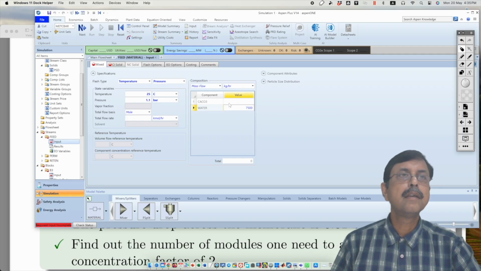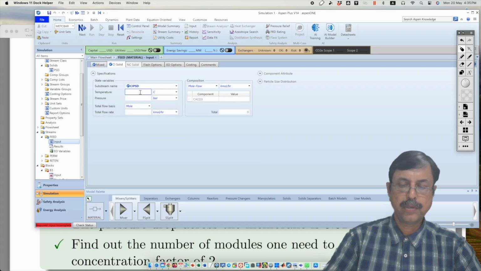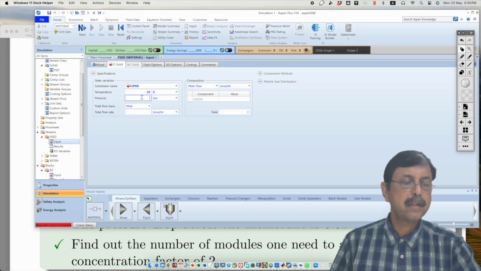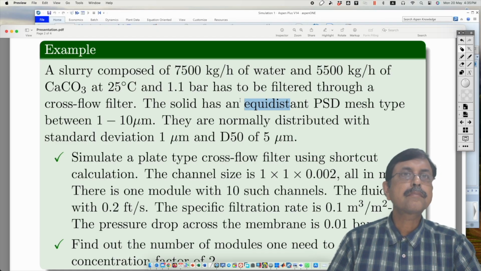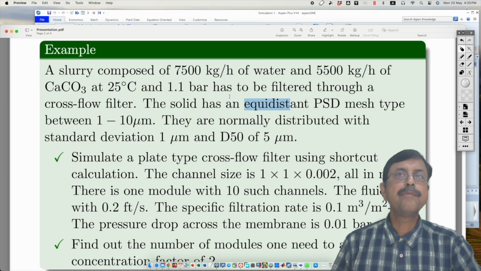And in case of solid, again, we have to give 25 degrees centigrade, 1.1 bar pressure. The mass flow rate is 5500.